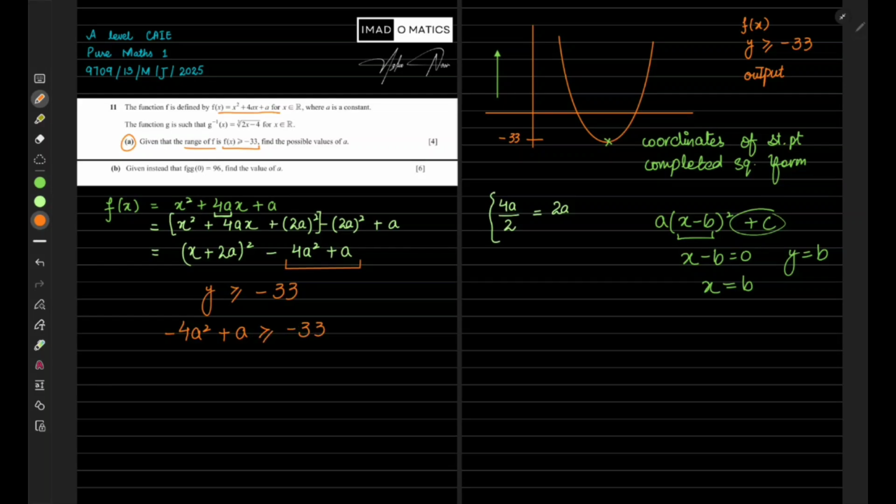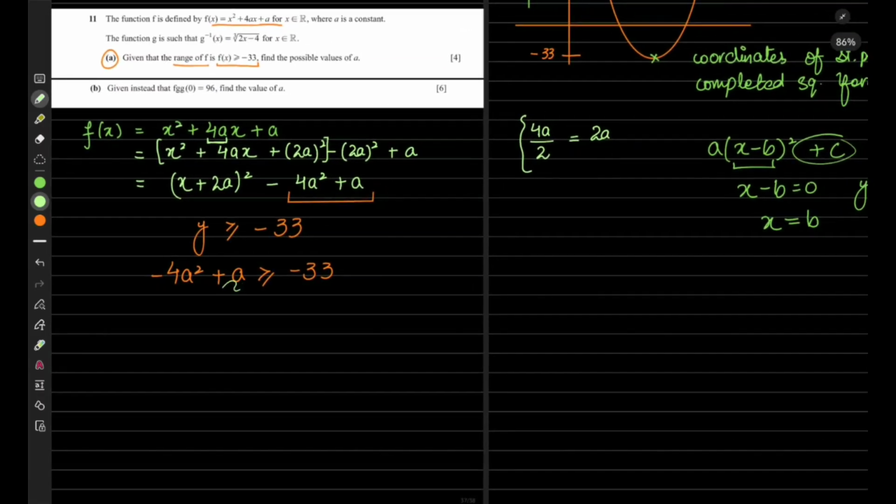Okay, this is the main thing. Now you will rearrange it and solve it for a. So minus 4a squared plus a is greater than or equal to minus 33. Taking this over here, plus 33 is greater than or equal to 0.